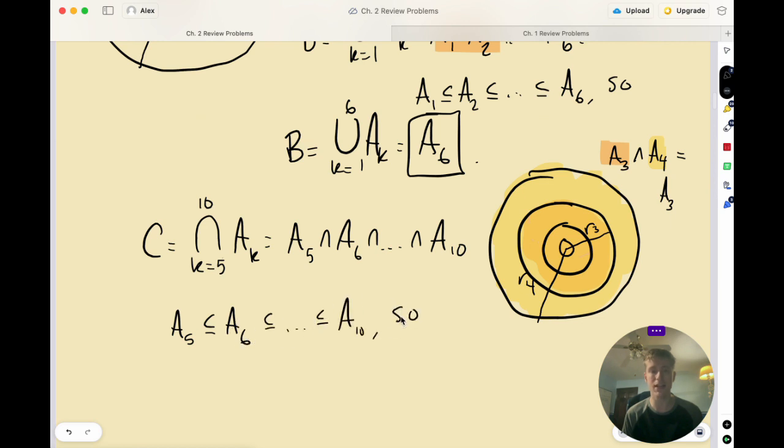So if you intersect all of them, the intersection of all of them is just the smallest such set that's contained in everything else. So which set is inside all the other sets? Well, A sub 5. Because that's contained in something that's contained in something that's contained in so on and so forth until it's contained in A sub 10. So this is just A sub 5.